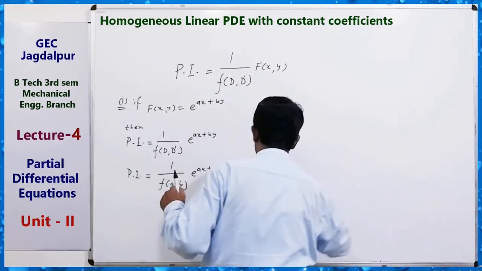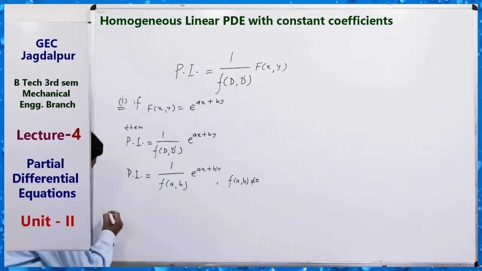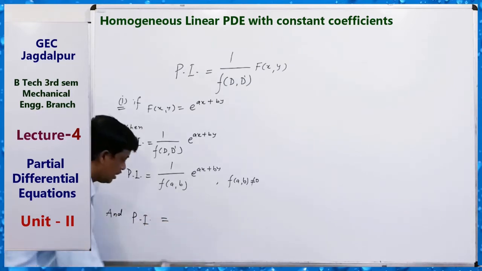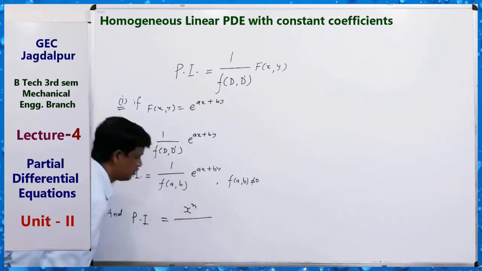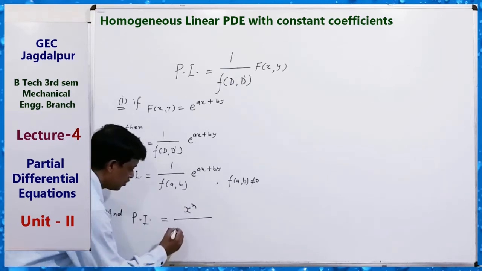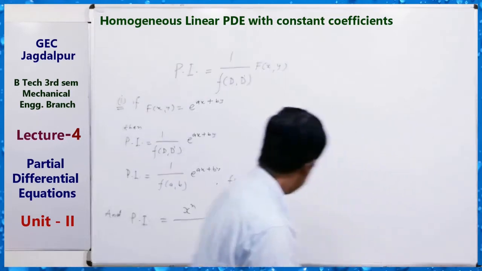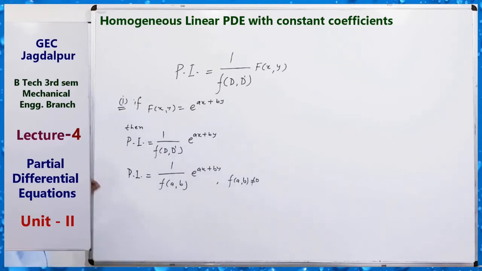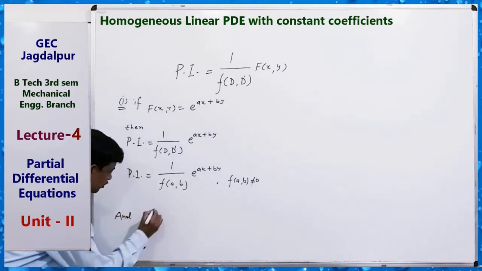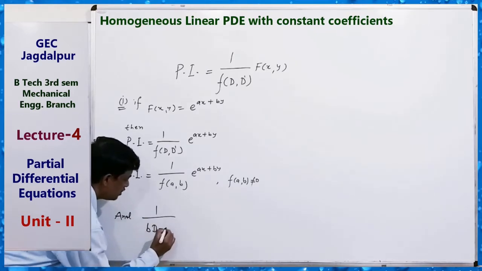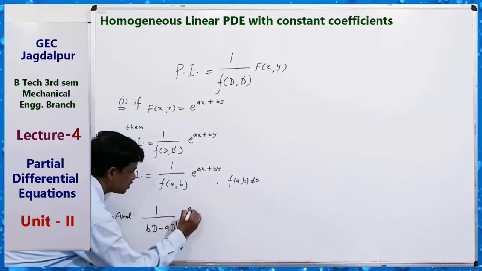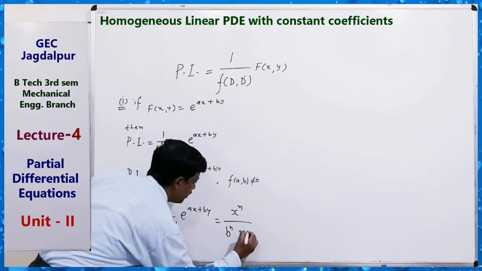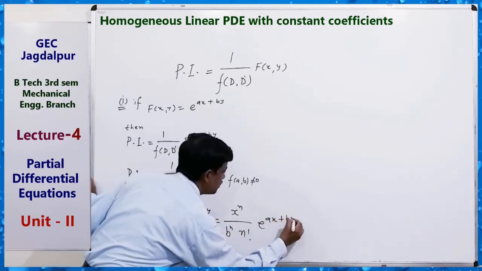How can we apply it? The particular integral equals x to the power n upon... here, for factorization, we can use it directly, and for a factor (bD minus aD') on e to the power ax plus by, we can also write x to the power n upon b to the power n factorial, times e to the power ax plus by.